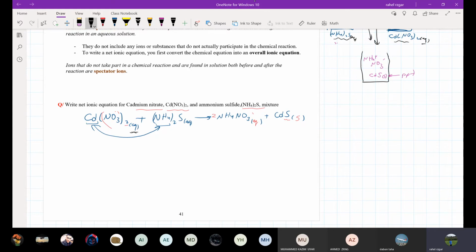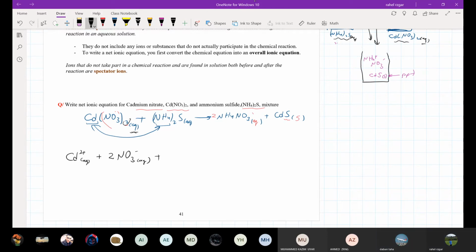So it becomes cadmium. How many cadmium? 1 cadmium. What is the charge of cadmium? 2 plus. It is still aqueous. Plus, what else do you have? Nitrate. How many nitrates do we have? 2 nitrates, 2 NO3 minus. Is it aqueous? Yes.